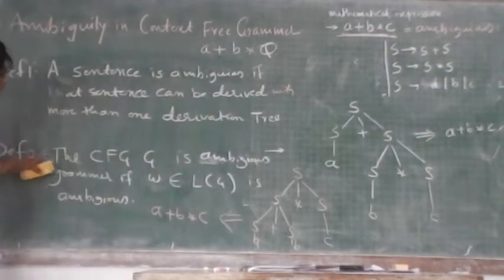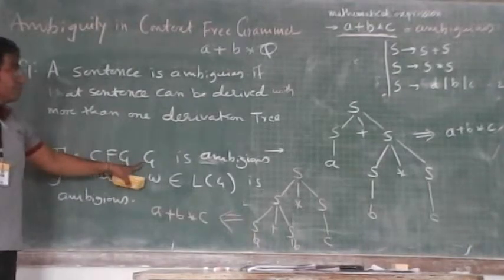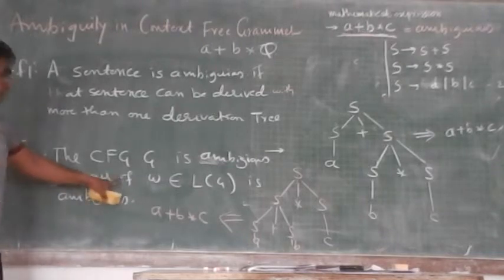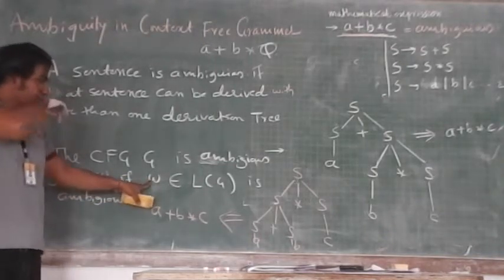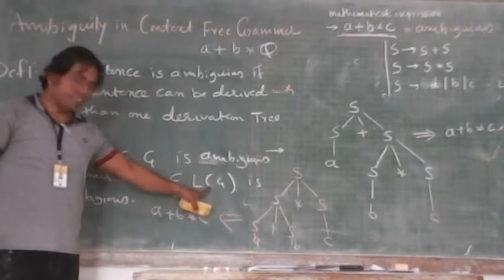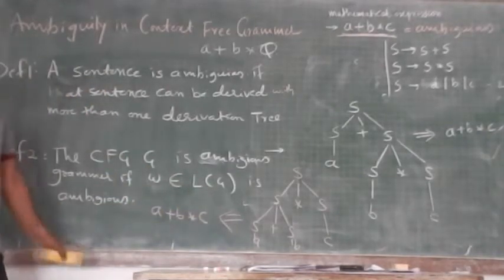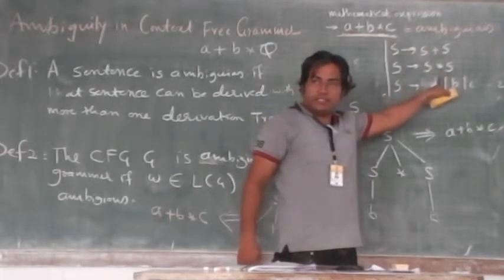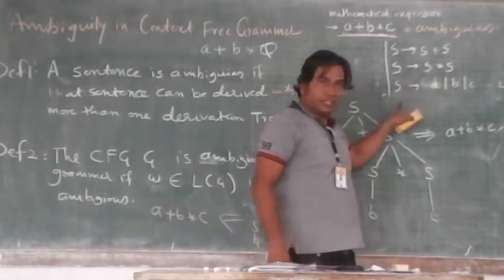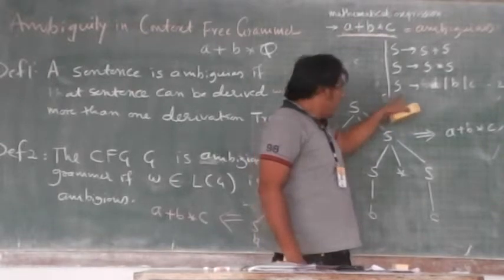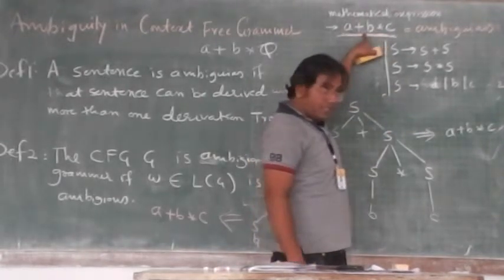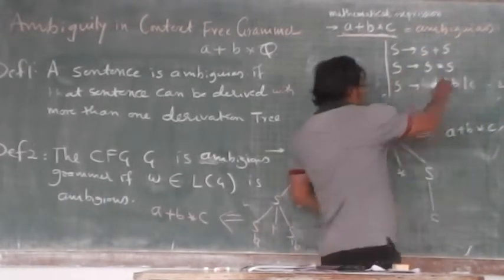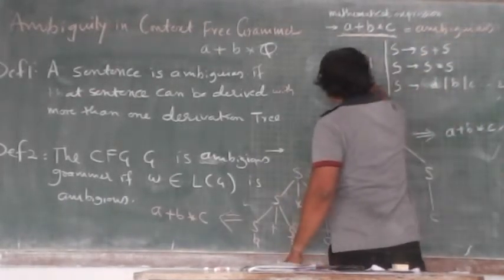And further, the context-free grammar G is an ambiguous grammar if a string belonging to this language L(G) is ambiguous. This is a string belonging to the grammar, and it is producing a language L(G). If that particular string is ambiguous, then I can say this whole grammar G is ambiguous.